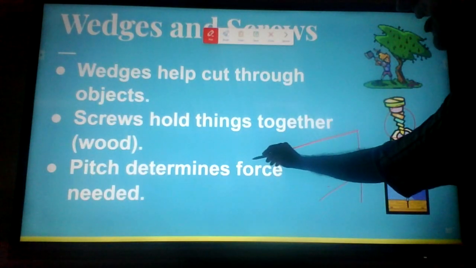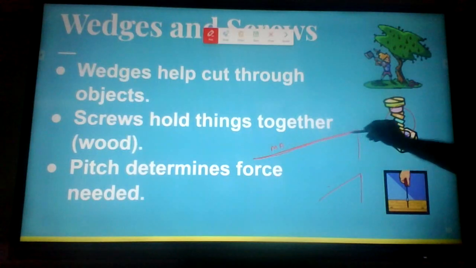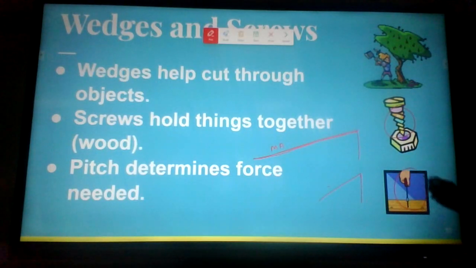That means if the threading has more distance, it would be easier to turn. Less effort on each turn, but we have to turn more. If we use a small pitch screw, that's less distance, but each turn would be harder to do. So if it's me, I'd rather turn the screw more, but make each turn easier.